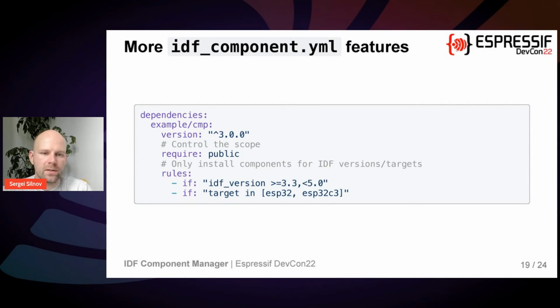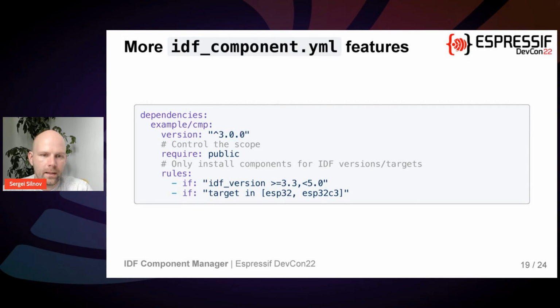However, you can specify them to be public or set required to false. In this case, component will be only downloaded but not included to the build. It is useful for components that only provide some CLI tools or CMake extensions.